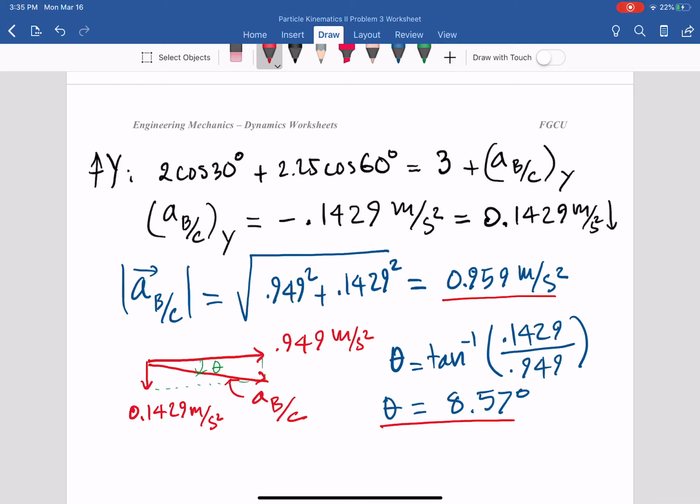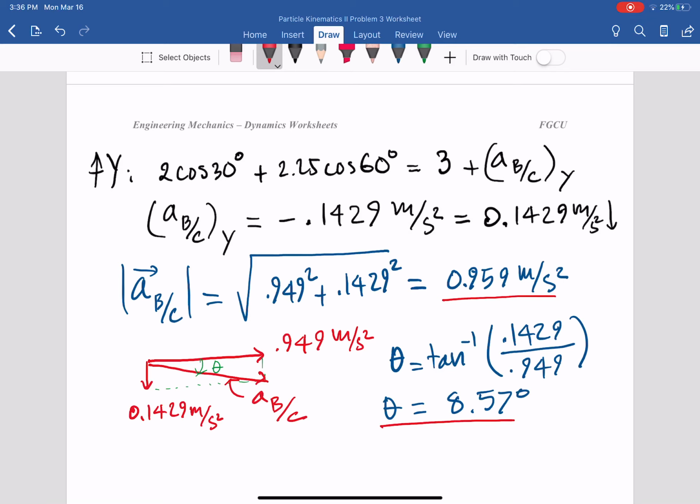And your answer will be the acceleration of car B relative to C equal to 0.959 meters per second squared at 8.57 degrees clockwise from the positive x-axis.